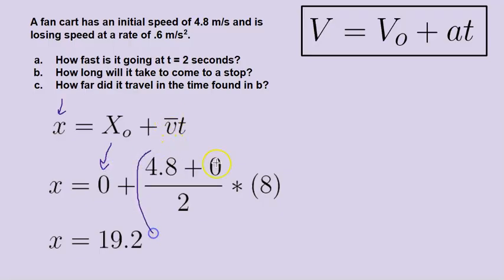And let's just plug in that average velocity. It went from 4.8 to 0 in 8 seconds. So we're averaging, so don't divide by 8. It's initial plus final divided by 2, fire drill formula. That would be the average speed, 2.4, and it did that for 8 seconds. So you get 19.2 meters.